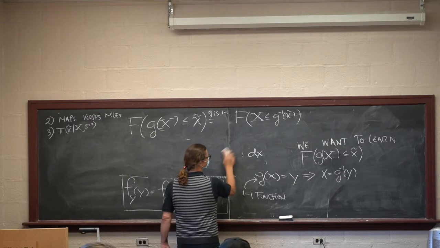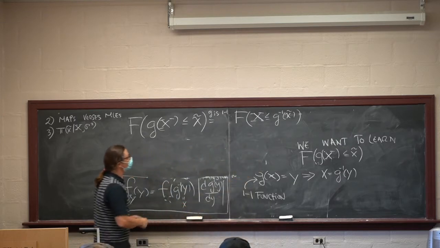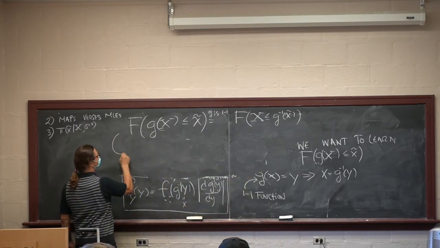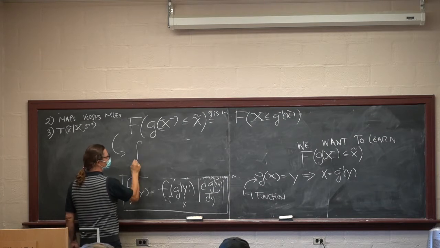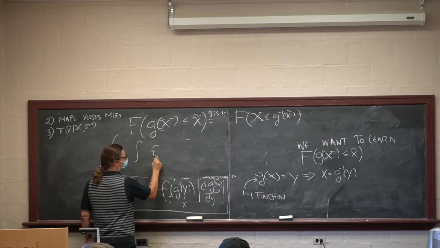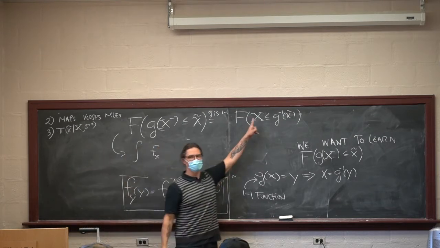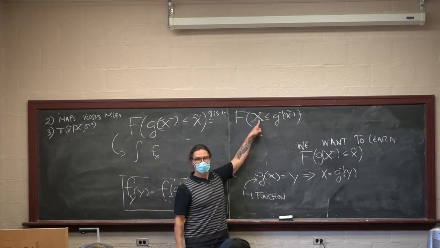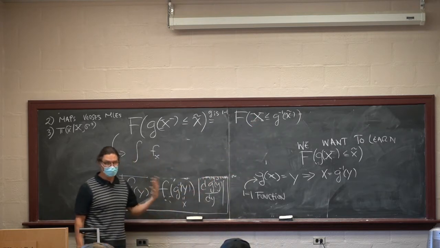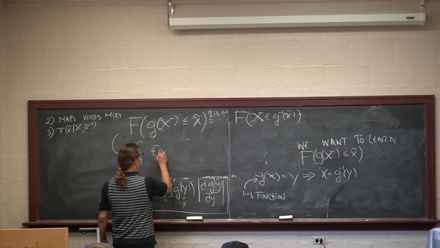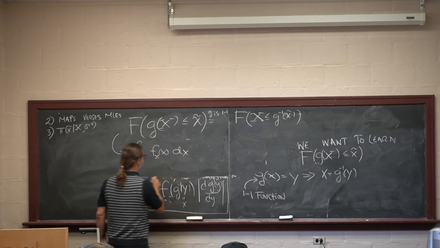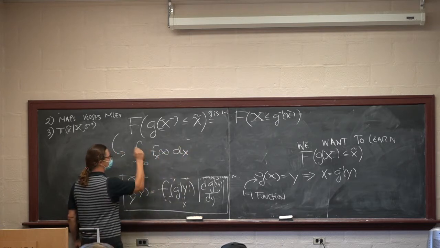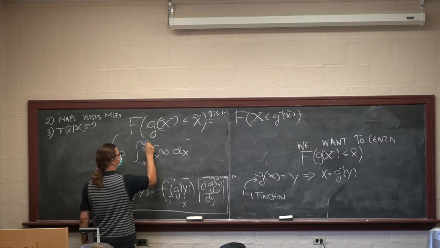I know this. It's going to be the exact same thing that I wrote down before, so this is going to be the integral. Remember which little f we're talking about, this random variable. I know its density function. So I'm going to integrate dx, but now between negative infinity and g inverse of x tilde.